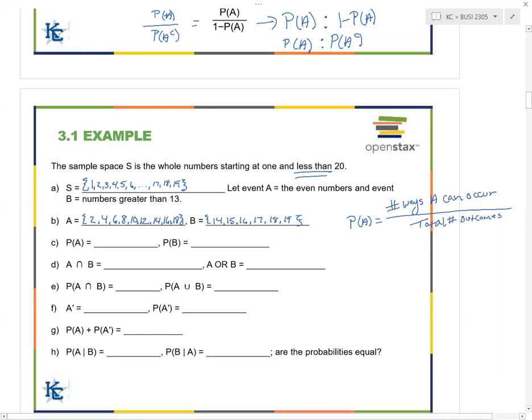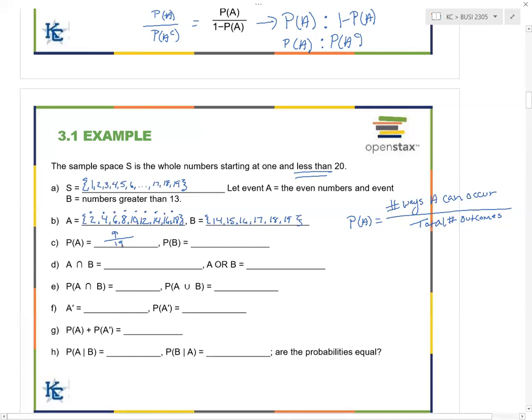So if we want the probability of A here, we can see how many values are in A. We see we have 1, 2, 3, 4, 5, 6, 7, 8, 9 values in A over the total number of outcomes. Well, the total number of outcomes is all the possible numbers between 1 and 19. And so that would be 19 values.